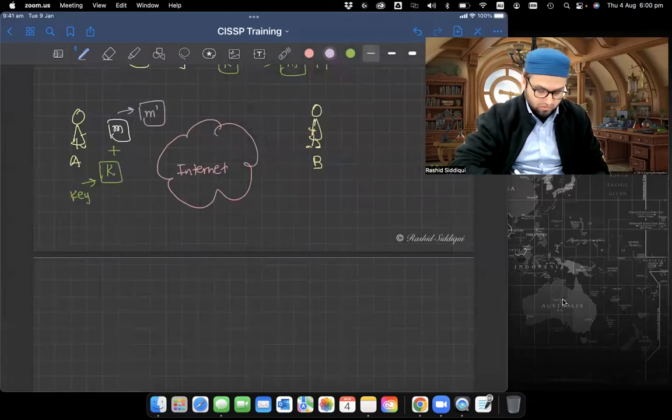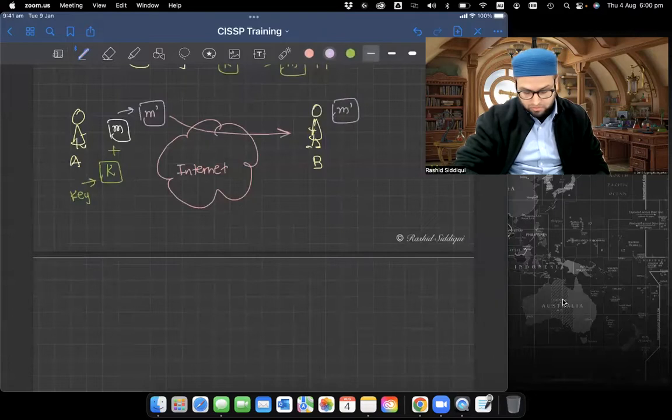Now this M dash will be transported to B, right? Now B has M dash.